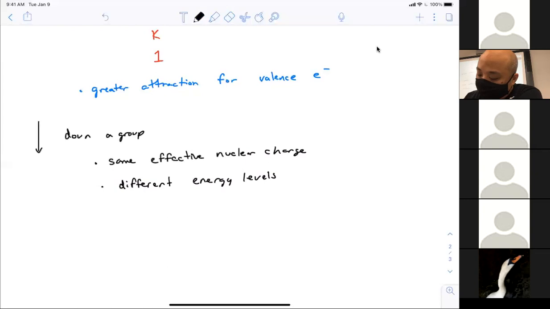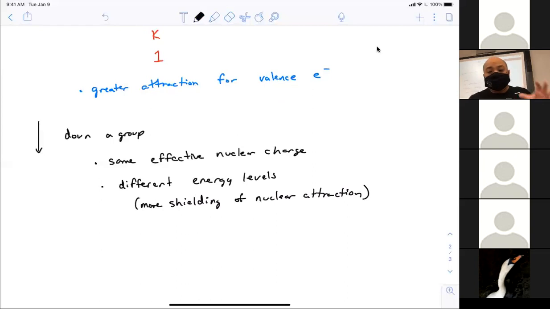Which then means more shielding of nuclear attraction. Because each of those inner shells acts as a shield or a buffer for the attraction the nucleus is trying to reach out to the valence electrons.